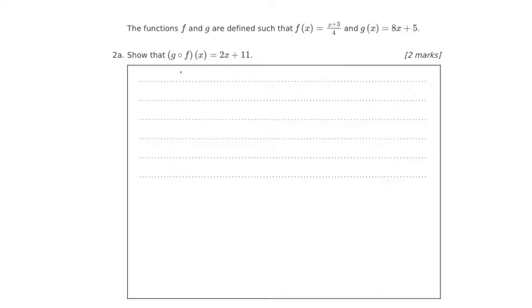So we get 8 lots of (x plus 3) over 4, plus 5. Expand the top, so we get (8x plus 24) over 4 plus 5.